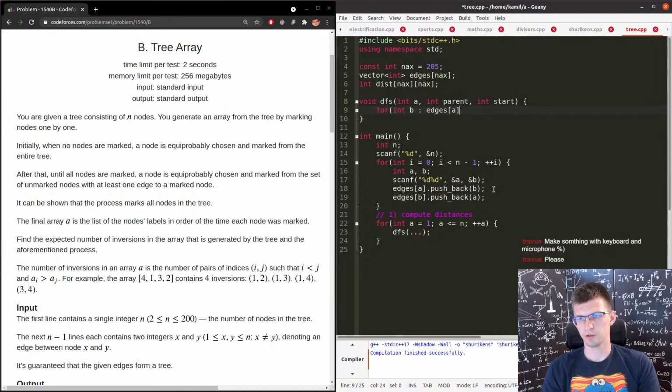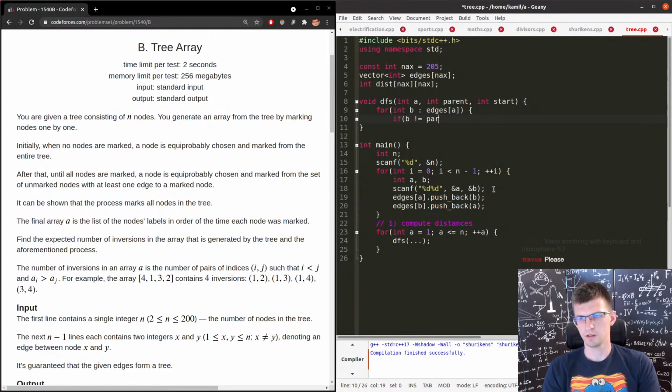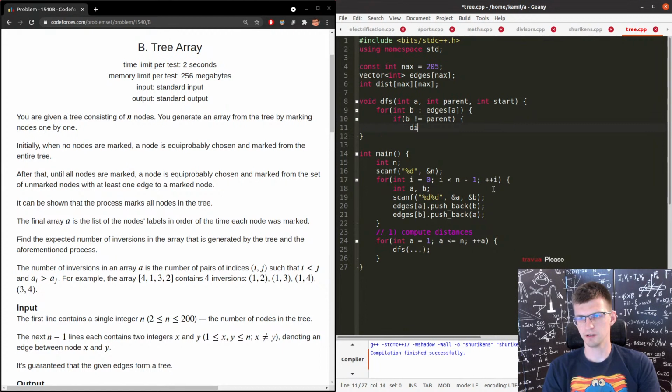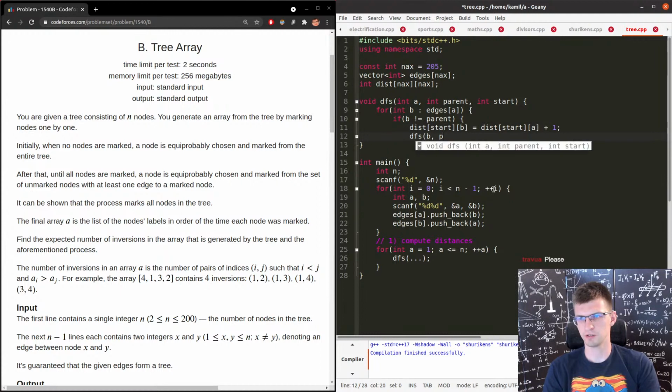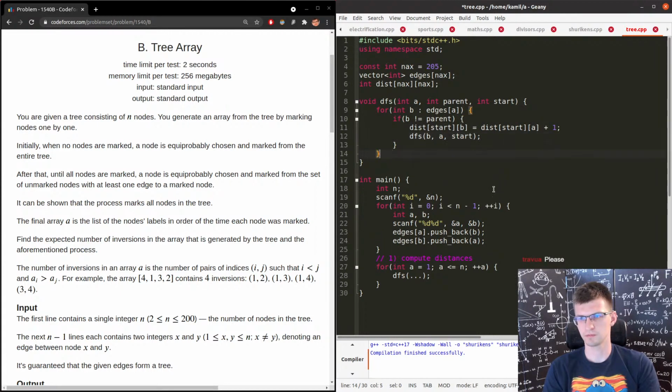For every neighbor of A, if that's not the previous one, distance from start is the same as from A plus 1, and we continue. That should compute distances.